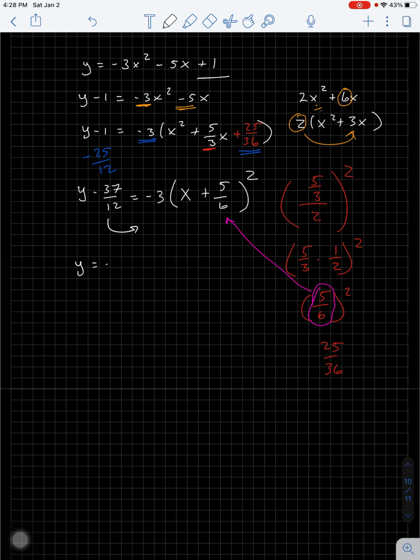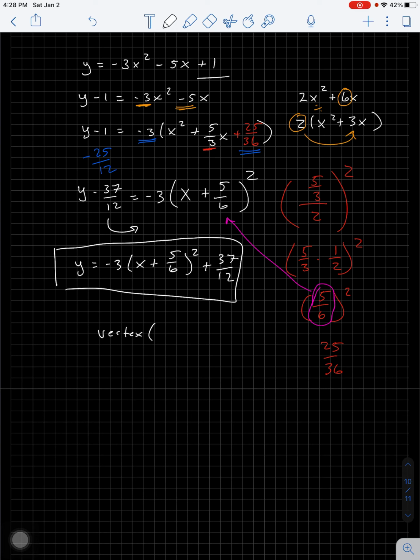That's our last step. There we go. It's important because you want to get the right sign on your vertex. So vertex is negative 5/6, comma 37 over 12. Remember, you change the sign of the guy in with the x. You keep the one outside the same.